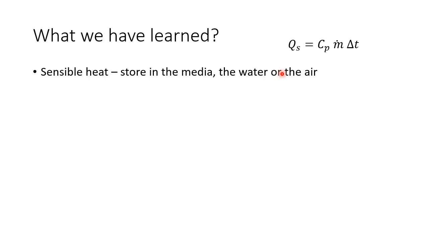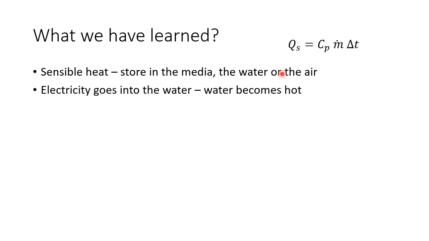If it's room air, then it has two components, dry air and vapor. So we saw already electricity goes into the water and the water becomes hot. There's a temperature rise, so there's energy stored in the water, and that energy is called sensible heat. And it comes from electricity.